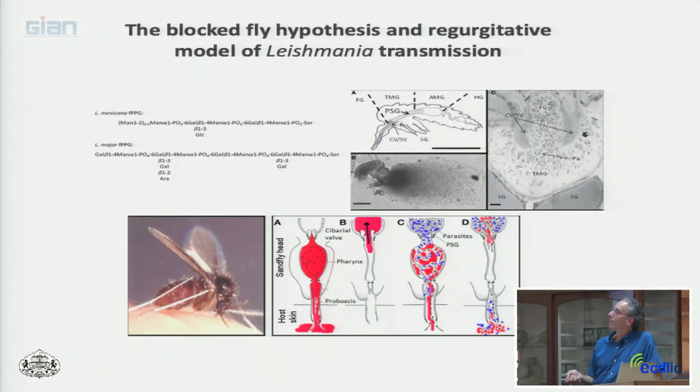So it's a critical component of this plug, this blockage, this plug that blocks the normal feeding behavior. Okay, so that is what is thought to permit large numbers of parasites to be deposited into the skin when this infected fly takes a bite.